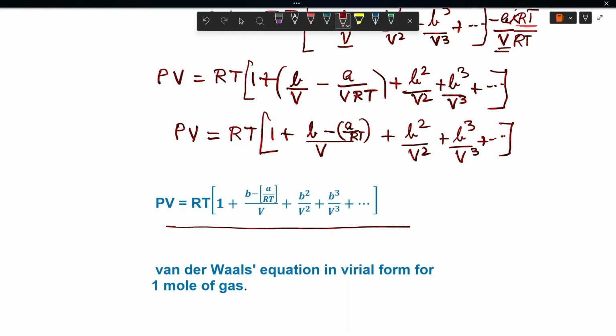So, this is given here, PV is equal to RT into 1 plus B minus A by RT divided by V plus B square by V square plus B cube by V cube and so on. This is a virial form of van der Waals equation. So, I have converted the van der Waals equation into the virial form.